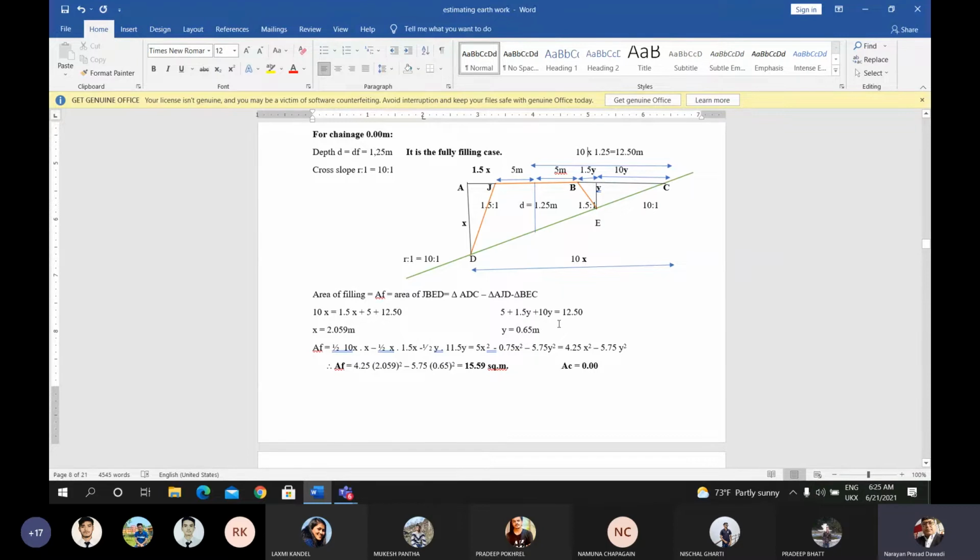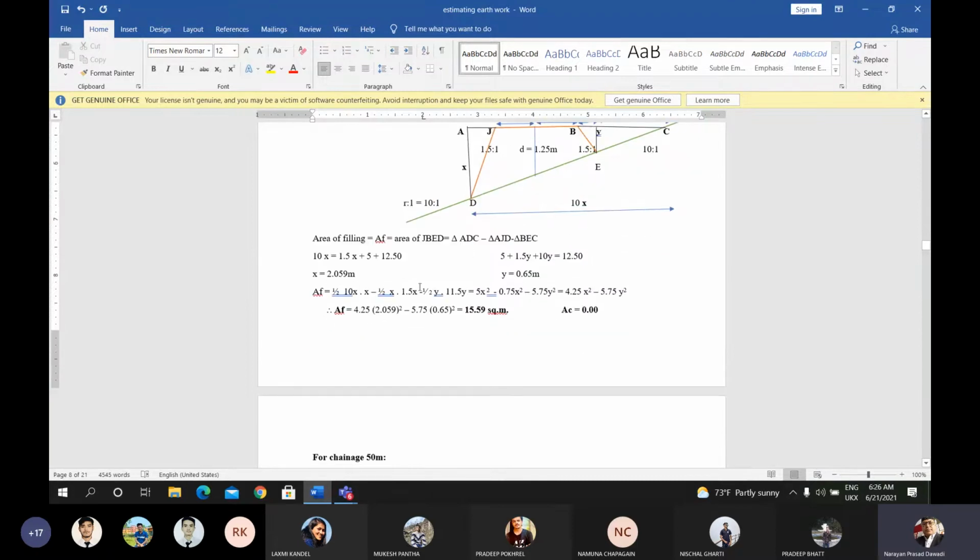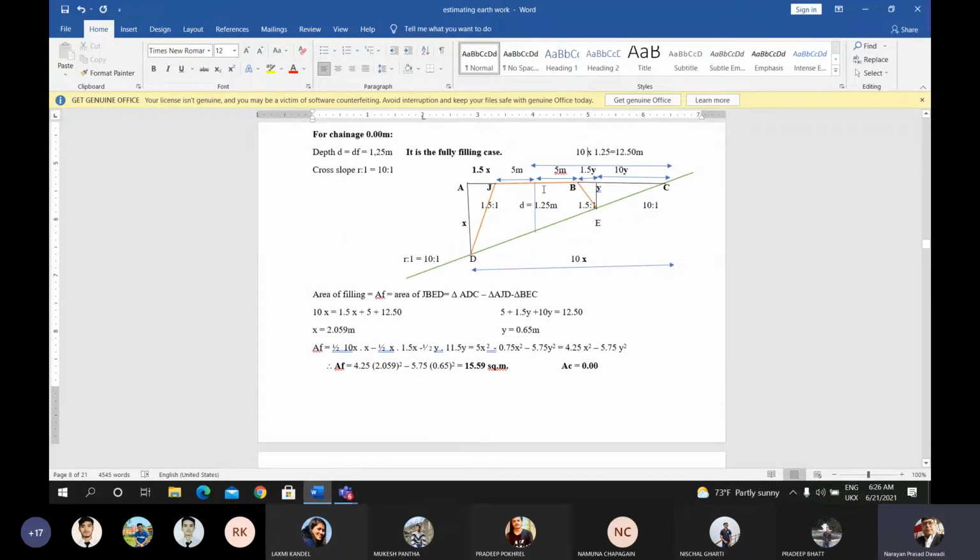Here the only variable is y, so the y value will be 0.65 meter. Using this triangle, the half width of the road up to the point C on the right hand side will be 12.50, that is equal to 5 plus 1.5y plus 10y. From the figure, you can find the values of x and y respectively using this.